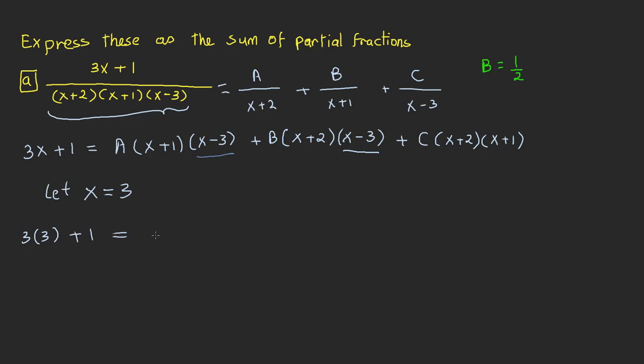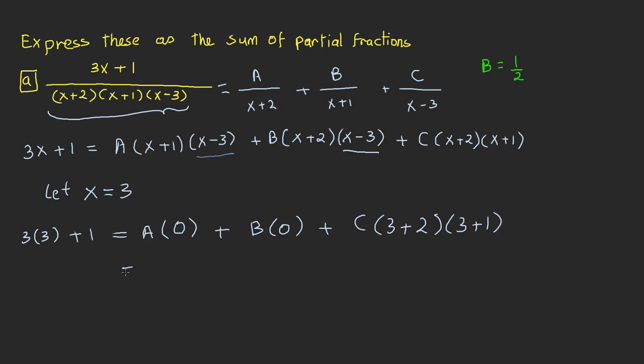Here a will be 0, and b also, since this factor will be 0, so it is multiplied by 0, and then c times 3 plus 2, times 3 plus 1.